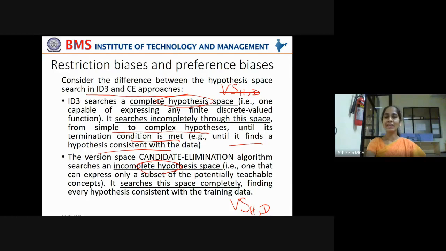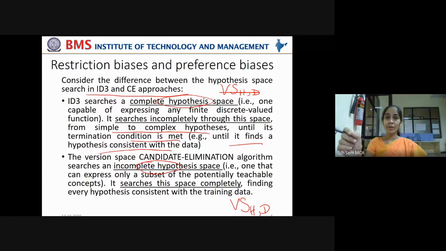Here it is a complete hypothesis space, but in the candidate elimination algorithm, it searches through an incomplete hypothesis space, one that can express only a subset of the potentially teachable concepts, right? So the hypothesis space is incomplete.